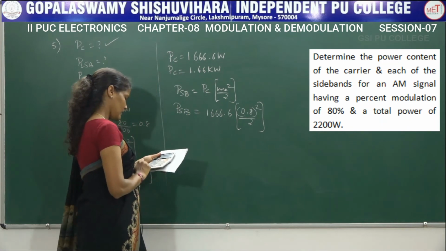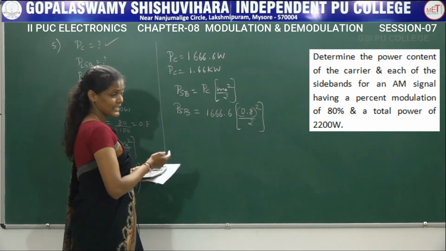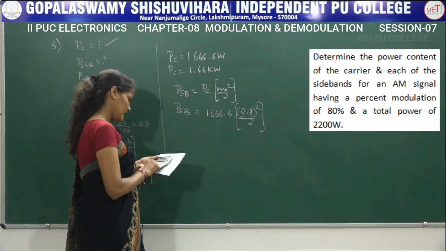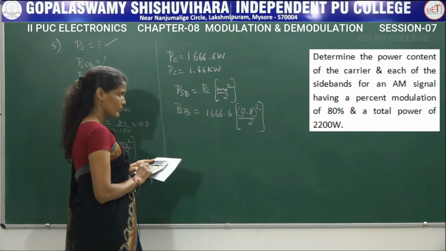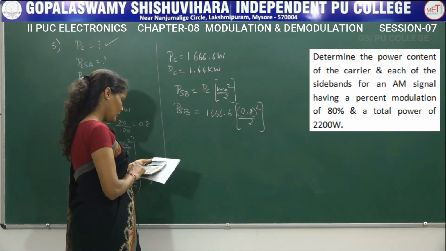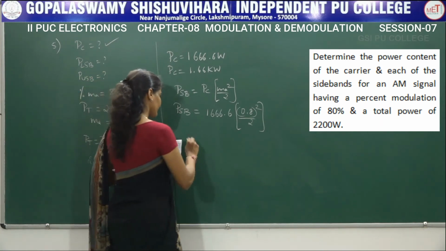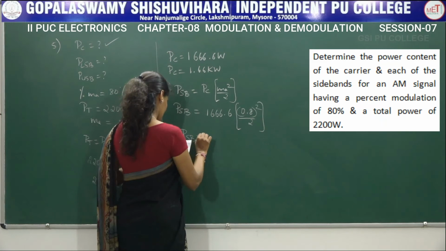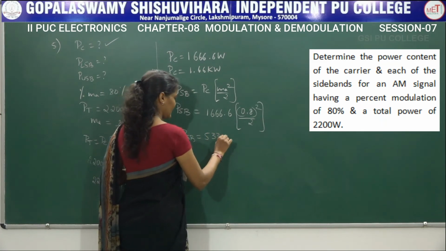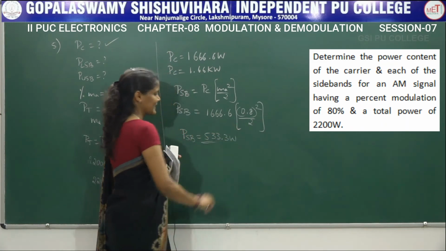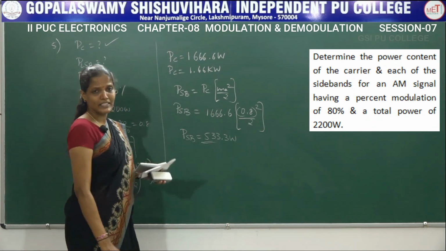So 0.64, that is nothing but 0.8 into 0.8, divided by 2 gives me 0.32 into 1666.6, which gives me PSB as 533.3 watts. Clear? PSB we have found.